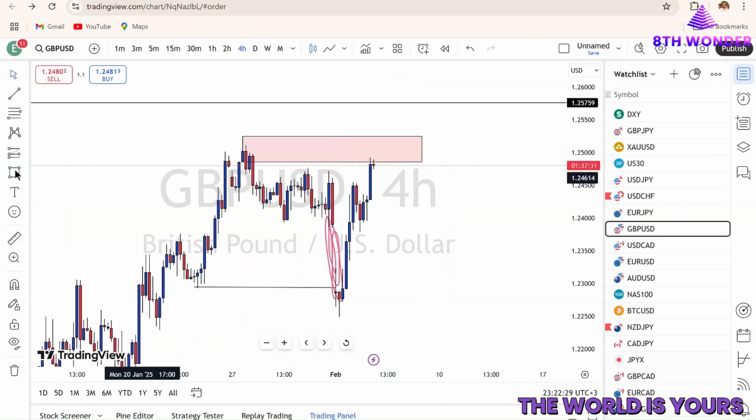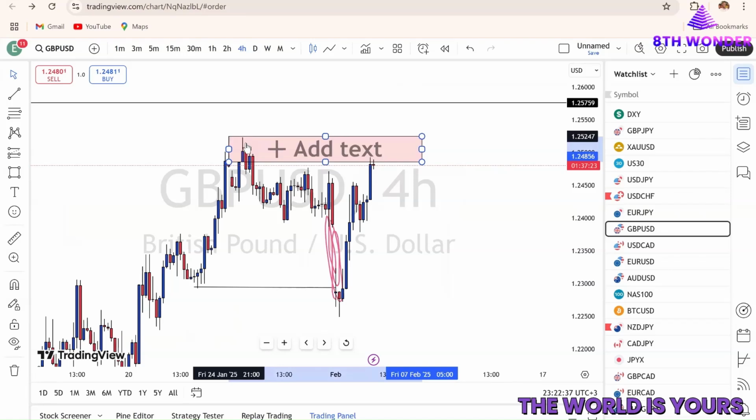You'll take a tool called rectangle on TradingView. This side here, this is the tool. Then you use it to mark this whole candle, from wick to wick, from the top to the bottom. Once the market comes back inside here or touches this region, which is the key level, we expect the market to continue going down. Now, on what conditions? On what time frame are we considering this region?